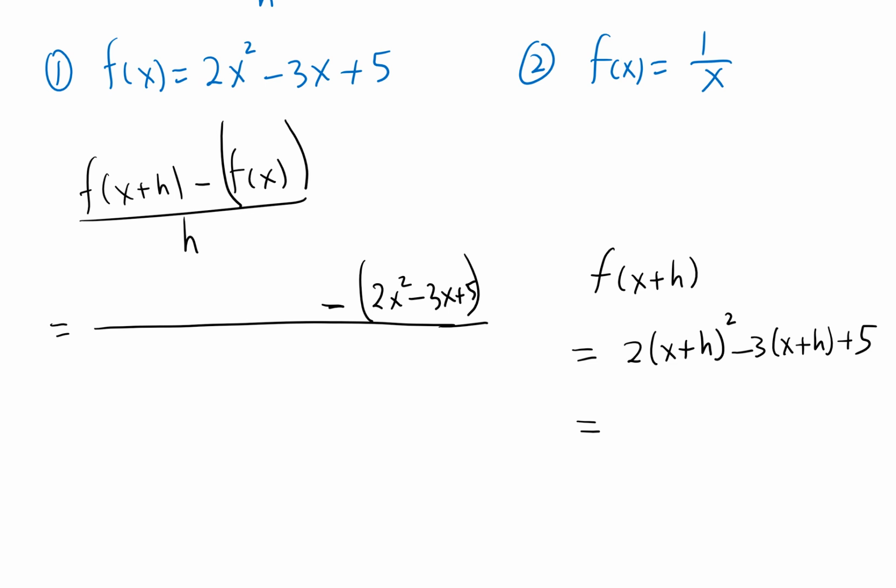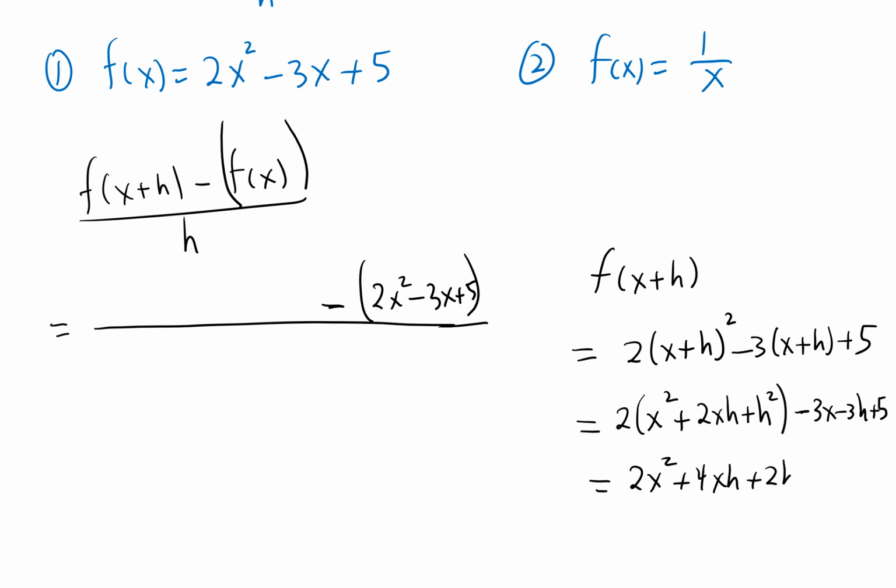And what do we get from this? This is x squared plus 2xh plus h squared minus 3x minus 3h plus 5. Then multiply the 2 in. Keep this the same, keep this the same, plus 5.